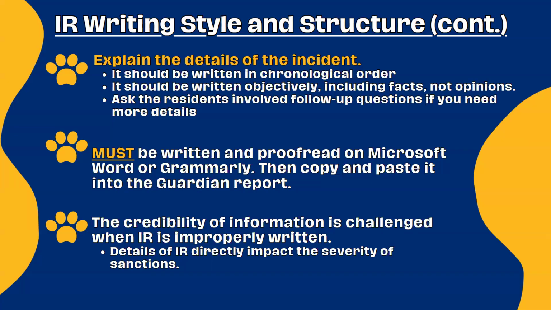Gathering accurate information is essential, as the credibility of our reports hinges on how well we present these details. Lastly, take note that the way we document these incidents can directly impact the severity of sanctions. It reinforces the need for precision in our writing. Also, make sure to always write and proofread in Microsoft Word or Grammarly before pasting into the Guardian report.